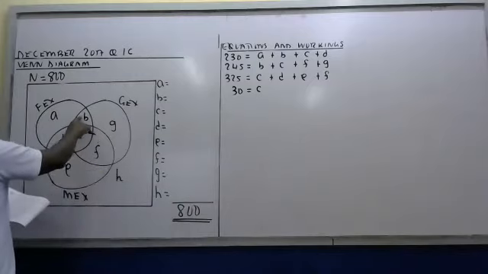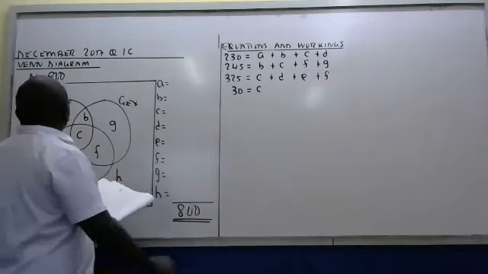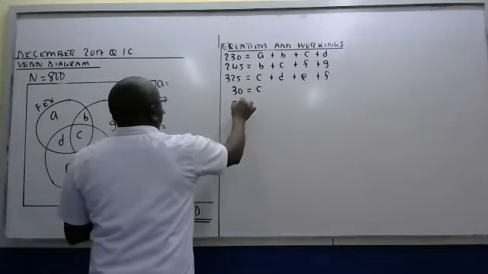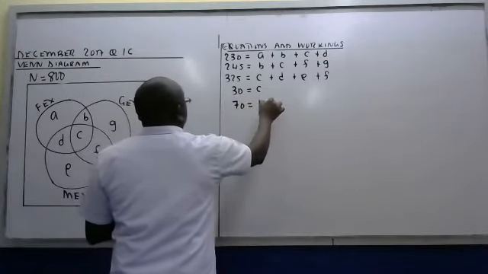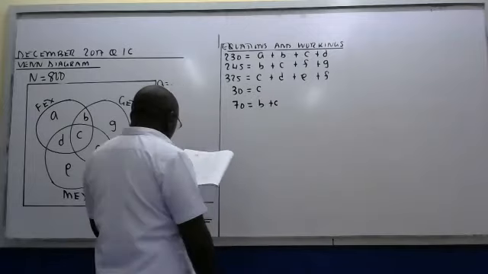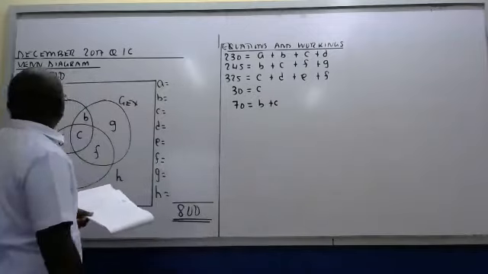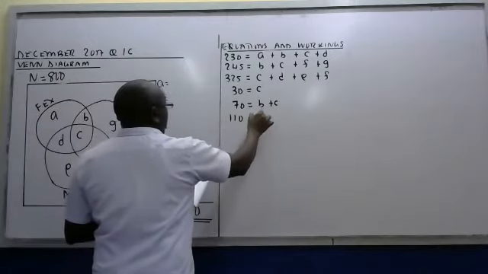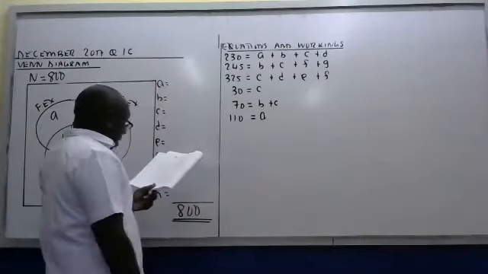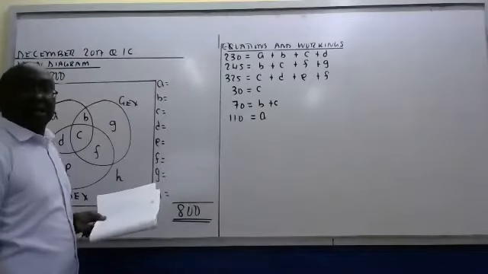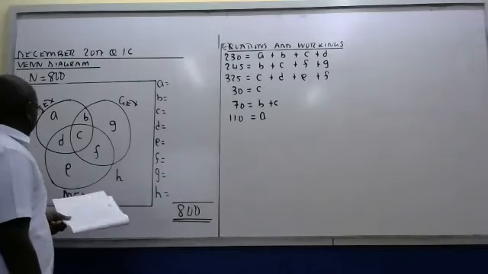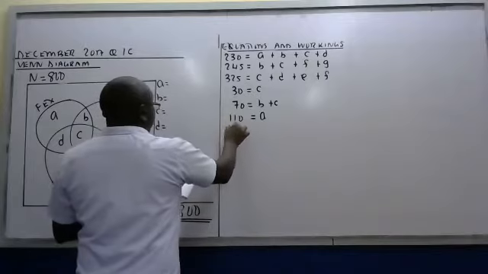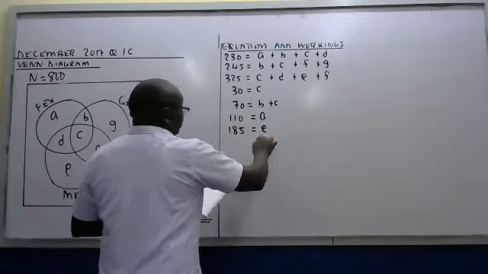Facts and jets, that is B plus C. 110 preferred facts only. So facts only is A. 110 is A. 185 preferred mix only. So mix only is E. That is 185.